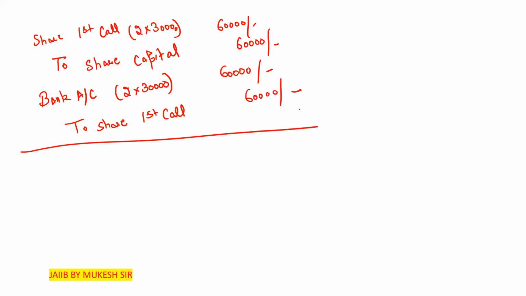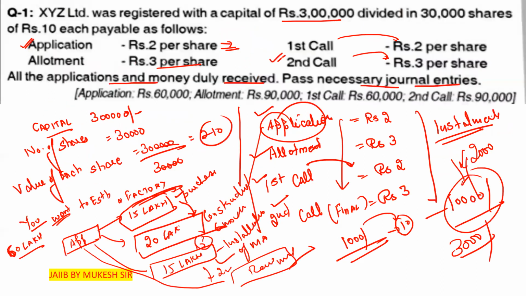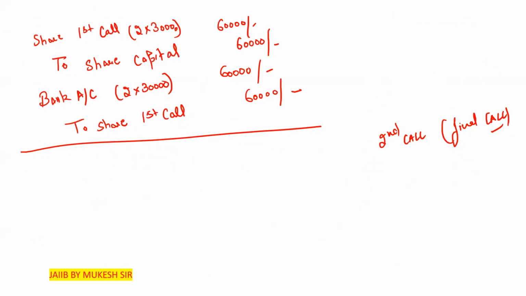Now the last one, the final step, that is the final call or the second call. In the second call, in the application 60,000, allotment 90,000, first call 60,000, second call 90,000. Because in the second call, how much amount do you have to pay? Rupees 3 per share, for 30,000 shares. So 3 into 30,000, 90,000 you are going to debit to share second call or final call.